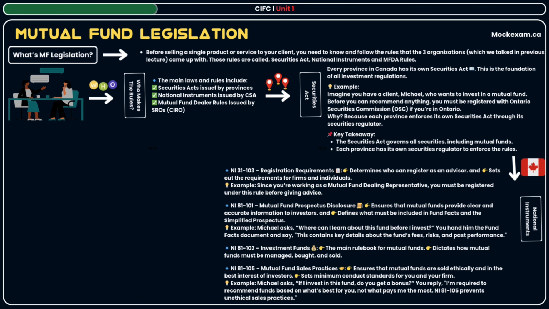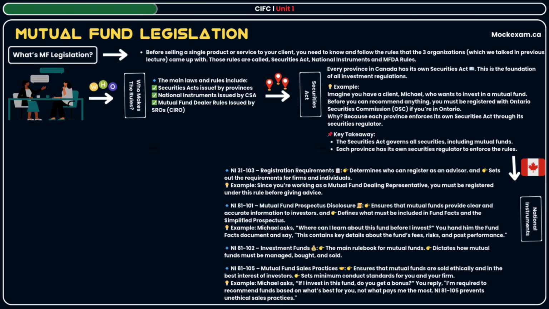Let's elaborate with an example. Let's say Michael asks, if I invest in this fund, do you get a bonus? Okay. You will reply, I'm required to recommend funds based on what's best for you, not because of the bonus. Okay. Why? Because National Instrument 81-105 prevents unethical sales practices.